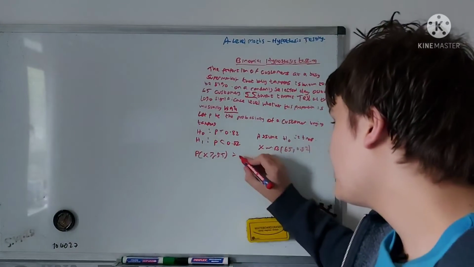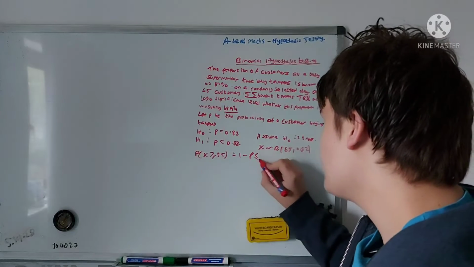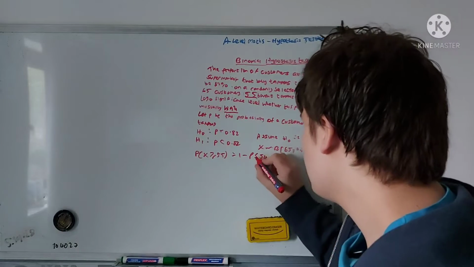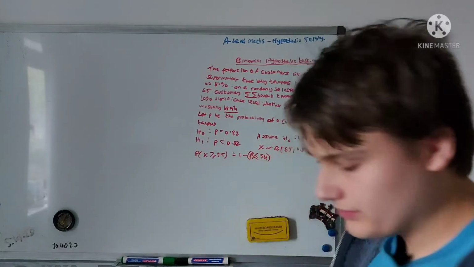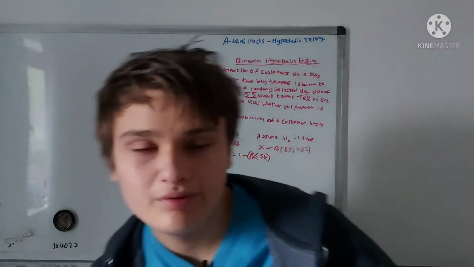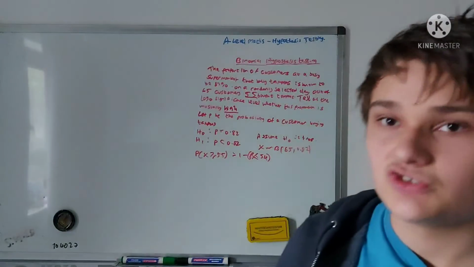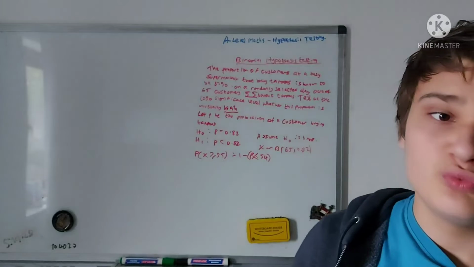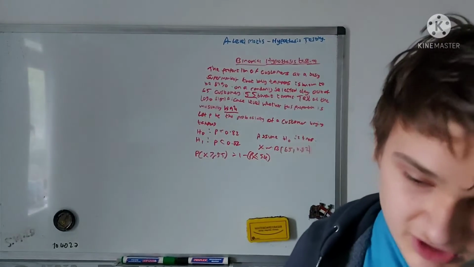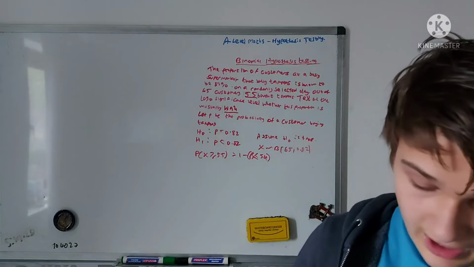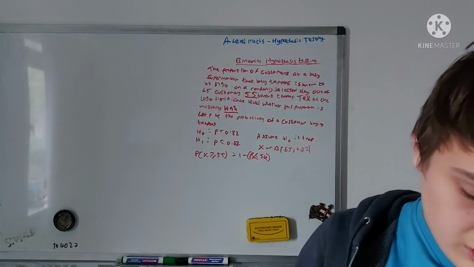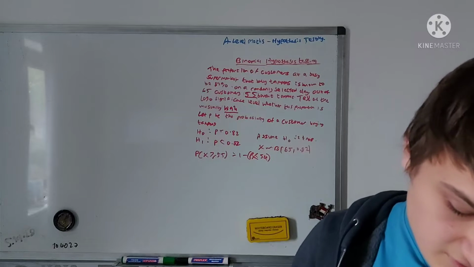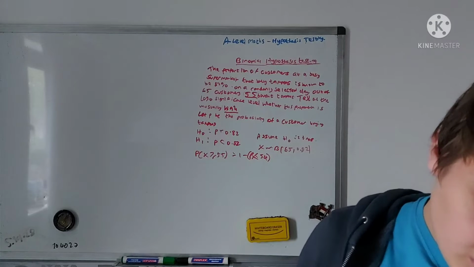Now to do that, I have to do 1 take away the probability of x being less than or equal to 54, because I can't do the upper tail unless you have the NumWorks calculator, which I don't physically have because it's proper expensive. So there's distribution again. We go to binomial CD, variable.